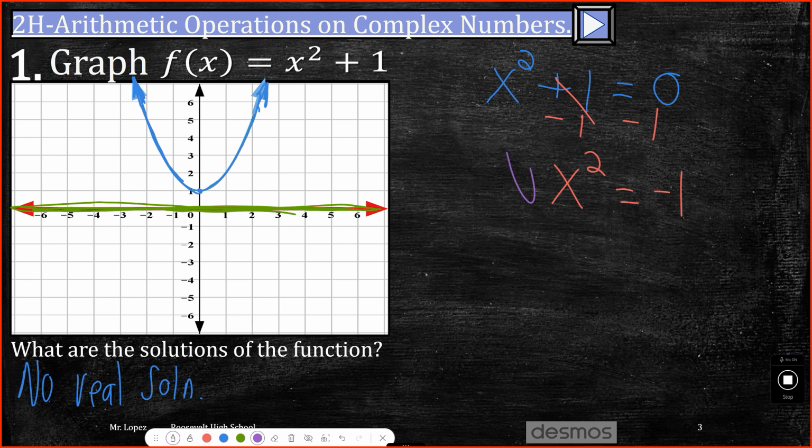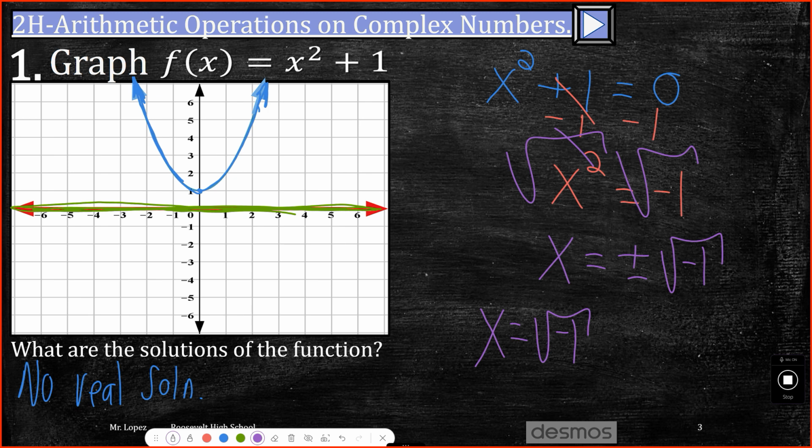So x equals plus or minus the square root of negative 1. So the solutions are that x equals the square root of negative 1, and the other solution is that x equals negative square root of negative 1.